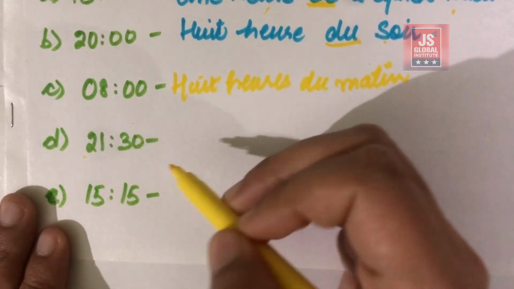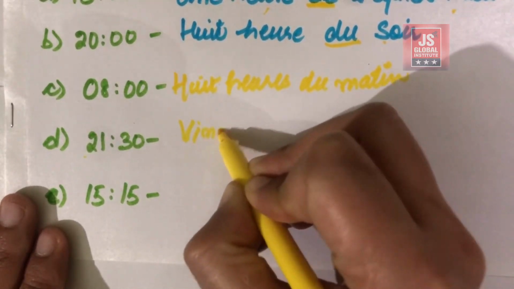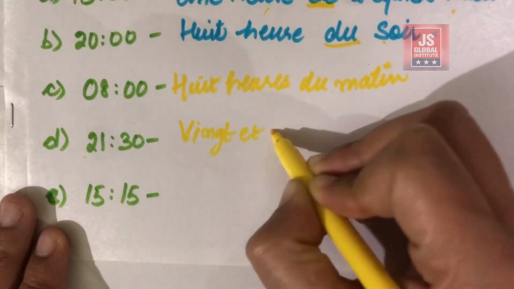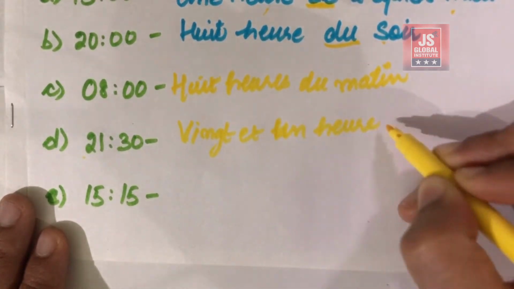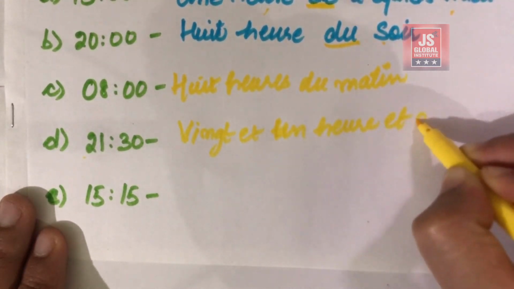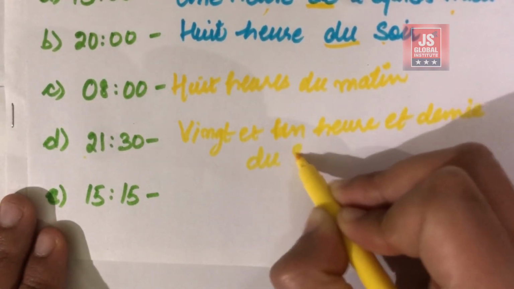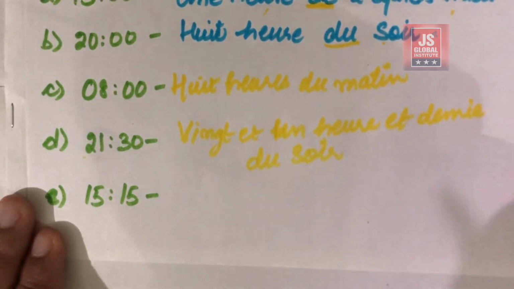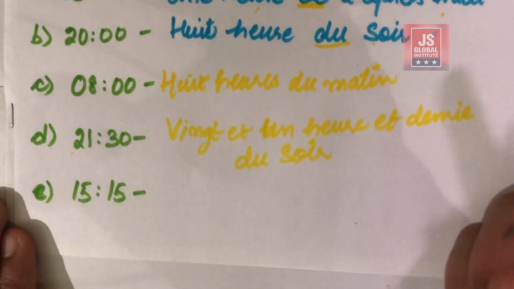This is 21h30. So this becomes 9h et demie du soir. Okay, so this is the same way that we have done in the previous one.